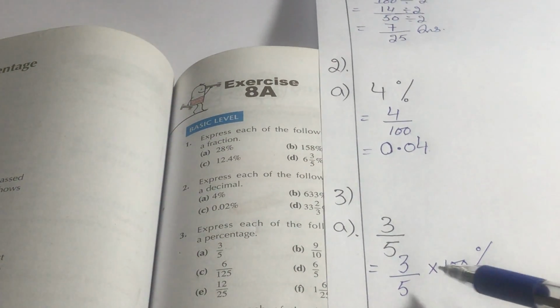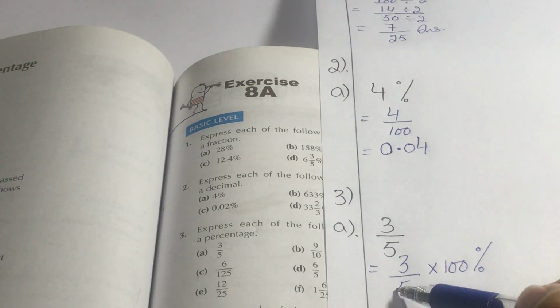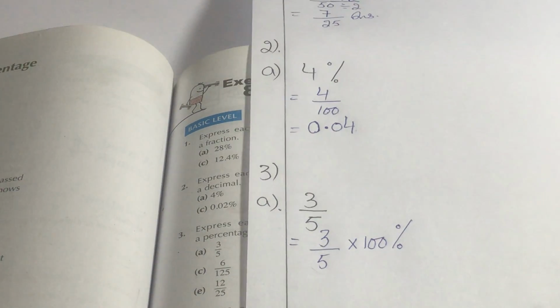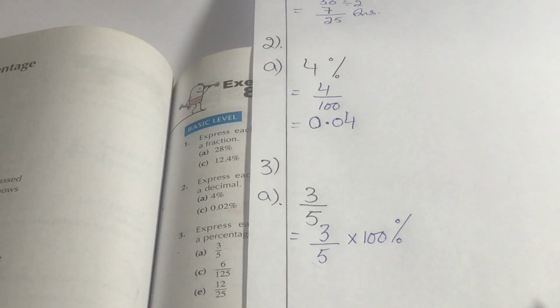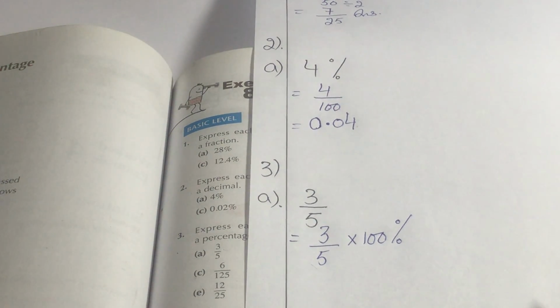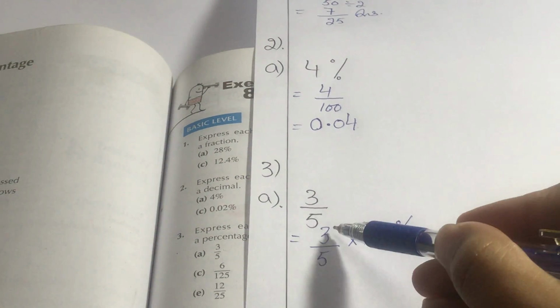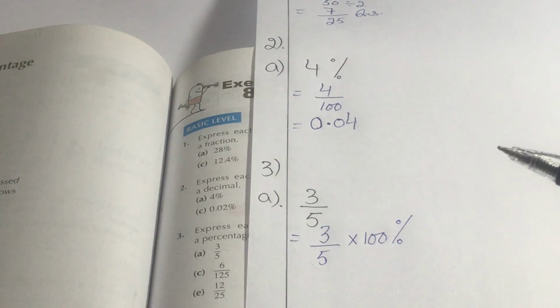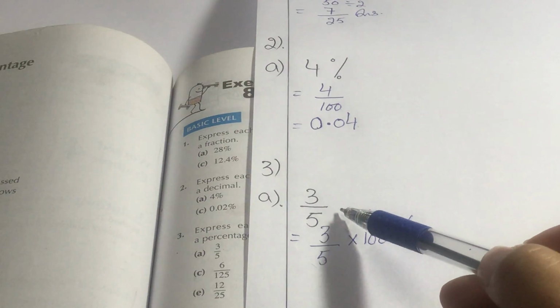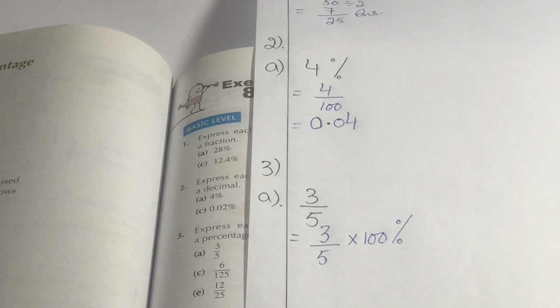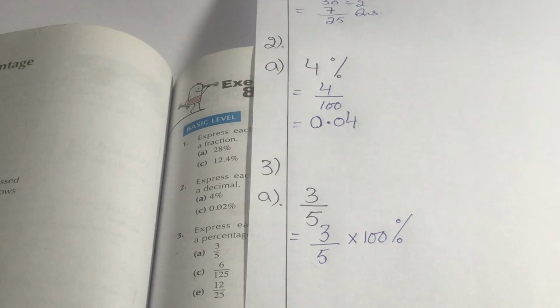Okay. Now we call the denominator a divisor. We always call the denominator a divisor, right? That means this denominator number 5 can divide 3 and 100, right? 3 is not divisible by 5, right? Obviously, if you divide it, you will get a decimal number.